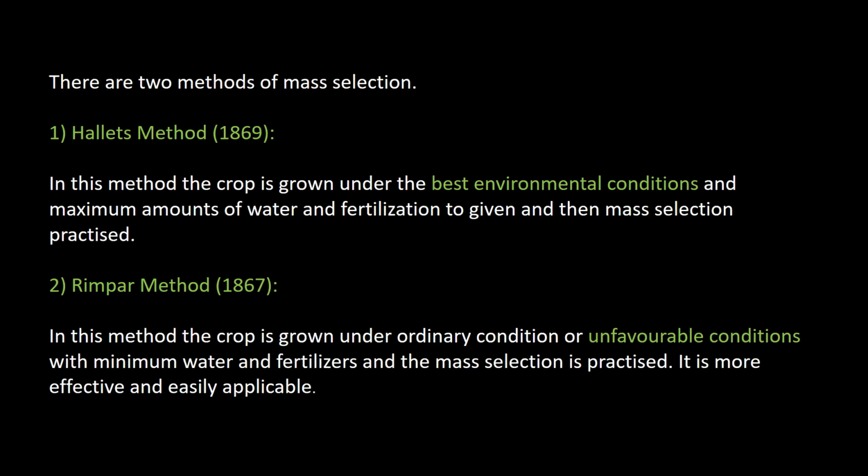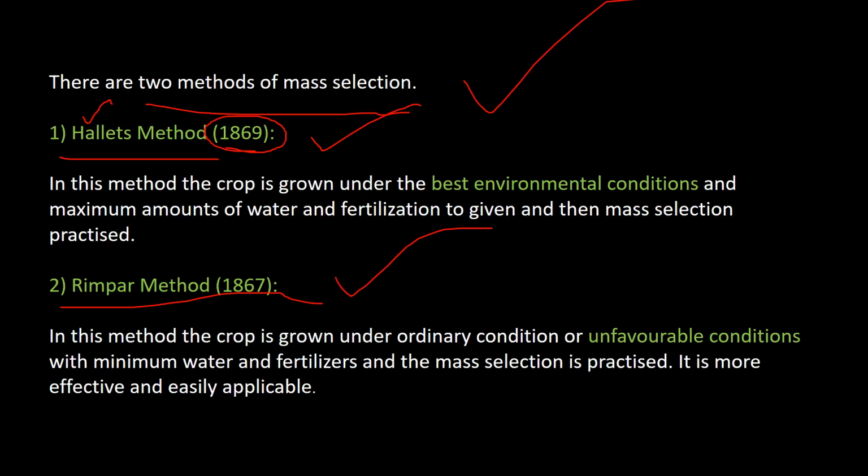There are two methods of mass selection. One is Hallett's method, practiced in 1869 by a scientist called Hallett. The next is Rimpau's method. The main difference is that in Hallett's method the crop is grown under the best environmental conditions, with the maximum amount of water and fertilization given to the plants, and then mass selection is practiced.